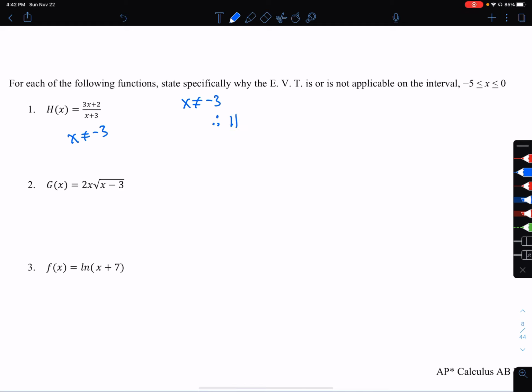Therefore, h of x is not continuous on its domain. It's important to say on its domain, because if this ended up being a -7, that's not in the domain, and we don't care. We only care if it's continuous on the domain. Since h is not continuous on its domain, the extreme value theorem does not apply.